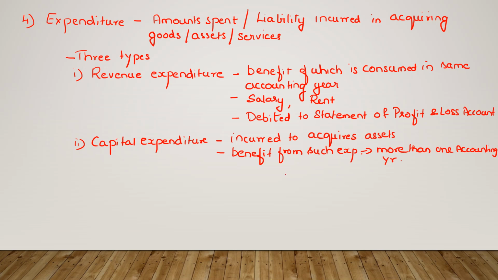She's going to use it continuously in the business as long as it is working well. So it is a capital expenditure that she has incurred. Even we said here that, as per this example, she acquired a computer, she invested in furniture and fittings. Both are examples of capital expenditure.